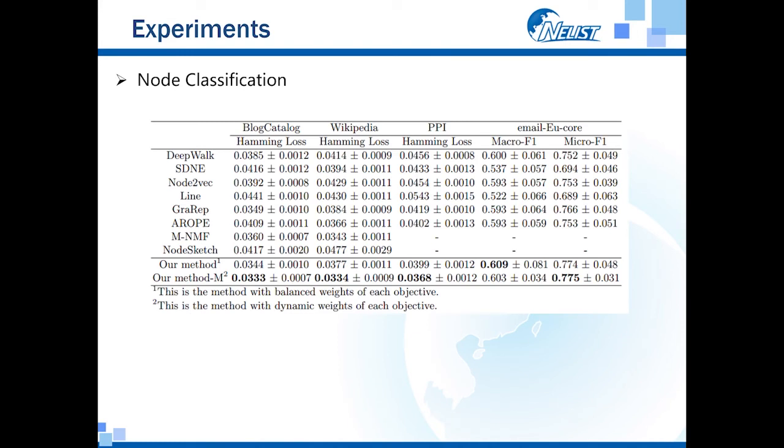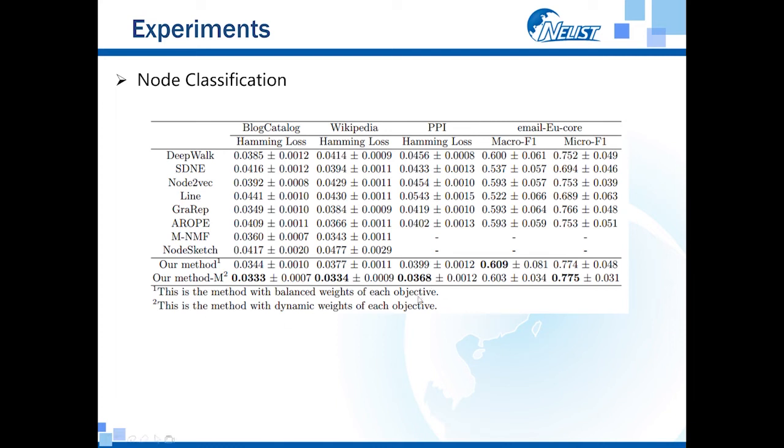In the node classification task, we use an MLP without activation for multi-label node classification and use LIBLINEAR for single-label node classification. So you can see the results.